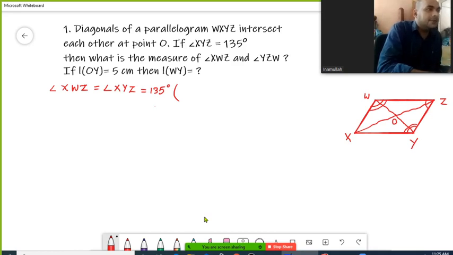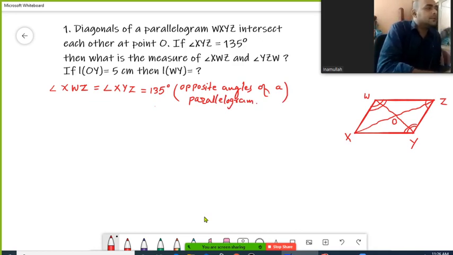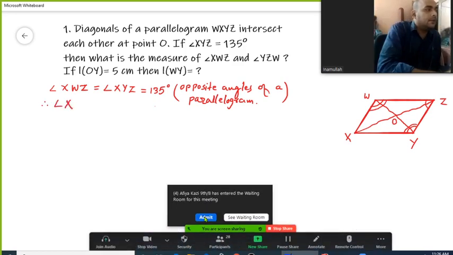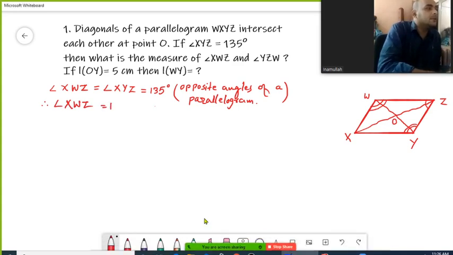Opposite angles of a parallelogram, here you can write, so therefore angle XWZ is also 135 degree.